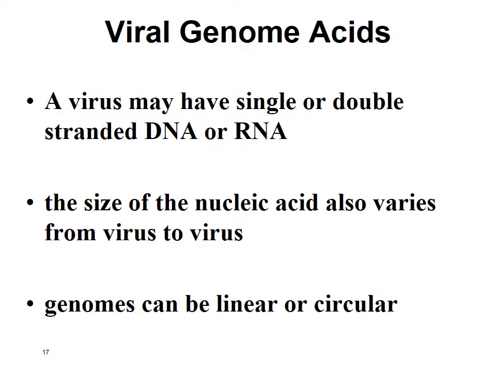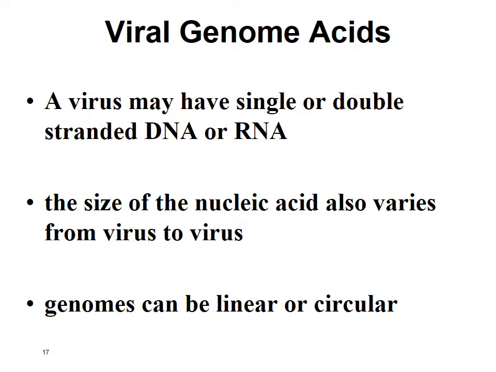The size of the viral genetic material also varies greatly. So the smallest genome is around 4,000 nucleotides, which is just large enough to code for 3 or 4 proteins. At the other extreme, some of the large bacteriophages, herpes virus and the Yersinia virus have genomes spanning 1 to 2 by 10 to the 5 nucleotides.